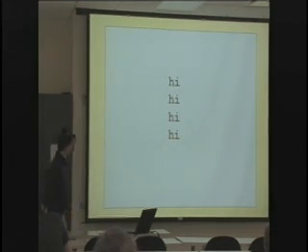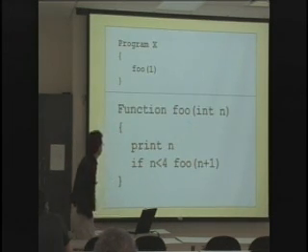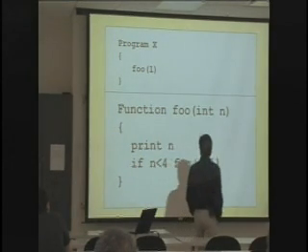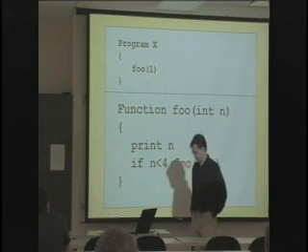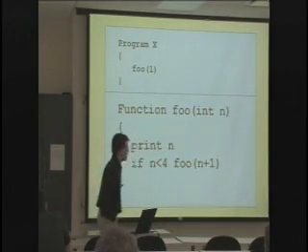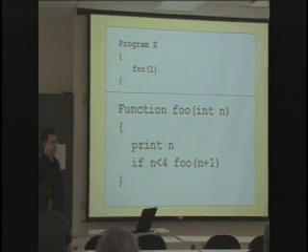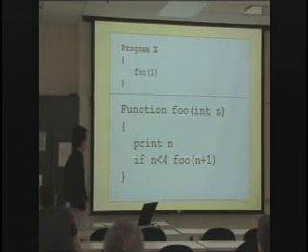Okay? Now, I'm going to add something to this code. And that is, instead of printing hi, I'm going to print n. That's the change to the code: I printed n instead of printing hi. So now what is the code going to do? Okay, some of you already have the answer right here.